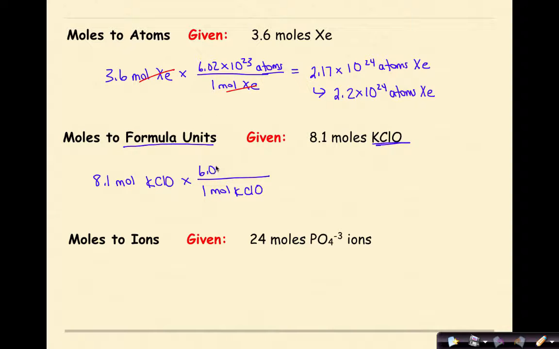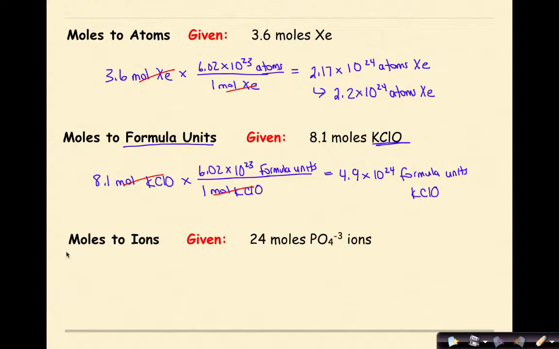So 6.02 times 10 to the 23rd formula units. Yes, I am writing the whole thing out. I want to make sure that this cancels, so moles cancel moles. So then I'm going to do 8.1 times 6.02 times 10 to the 23rd. And when I do this, I get for a final answer of 4.9 times 10 to the 24th formula units of KClO.